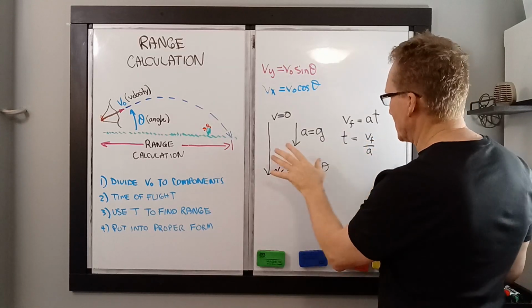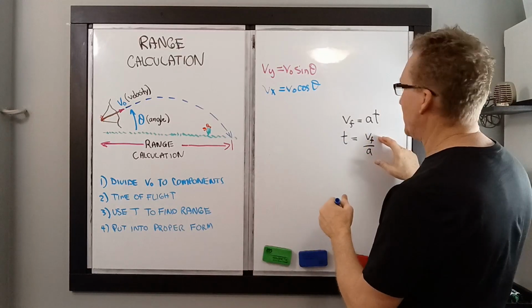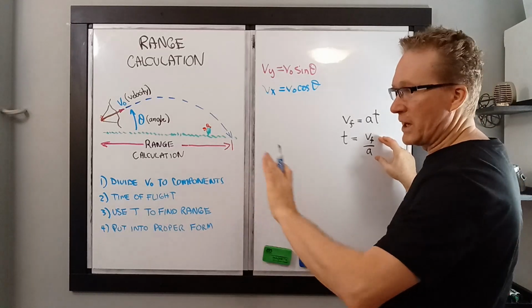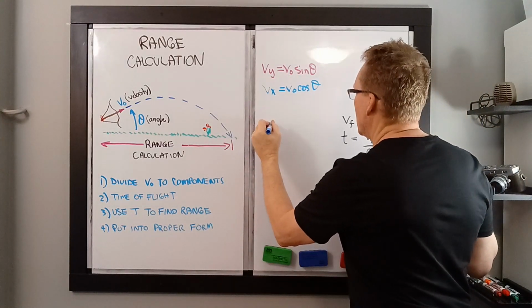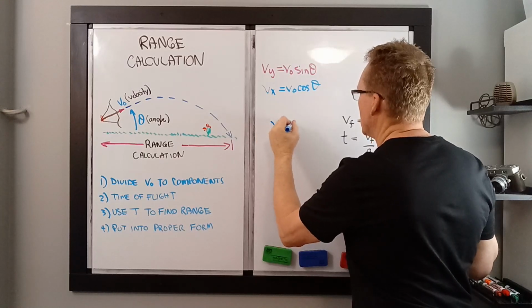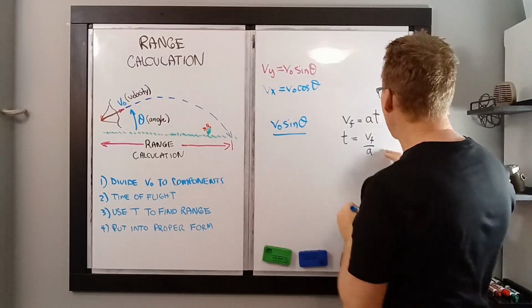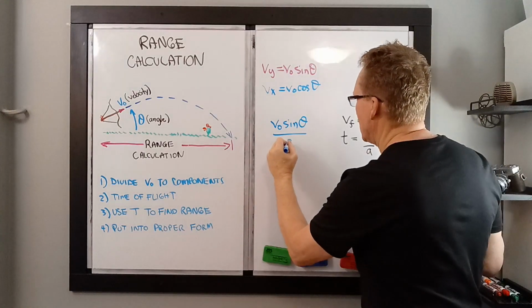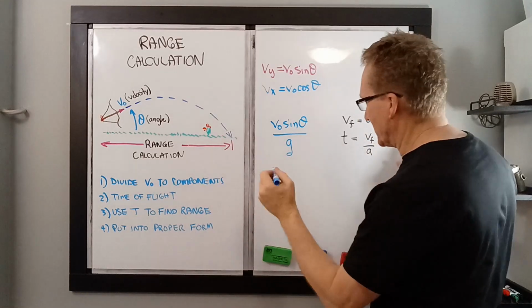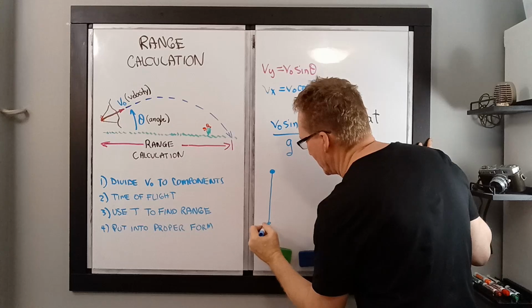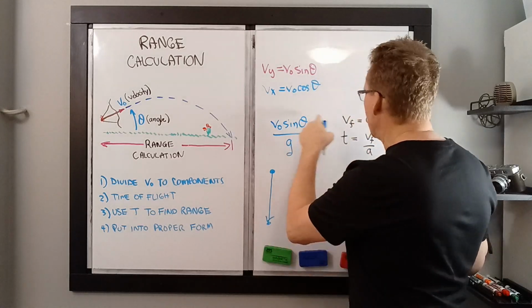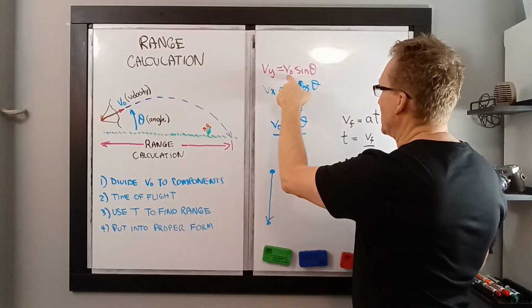I'm going to just erase some things over here. So the final velocity, if you're dropping it straight down, y component only, is v0 sine theta, divided by the acceleration, which is gravity. So that's the time for it to drop from the top to the very bottom, where it achieves the y component of the velocity.